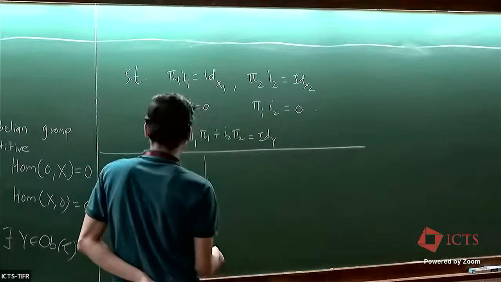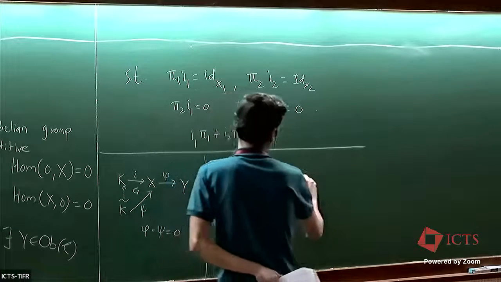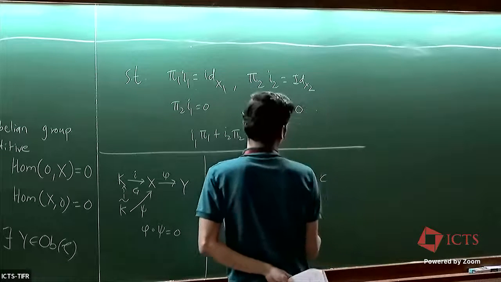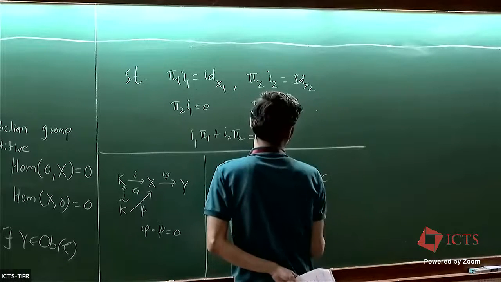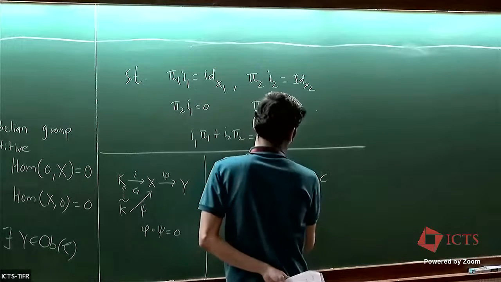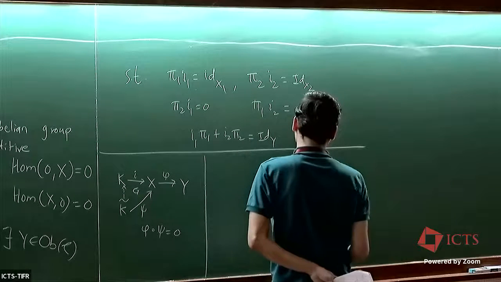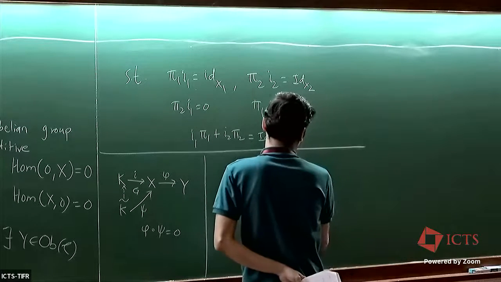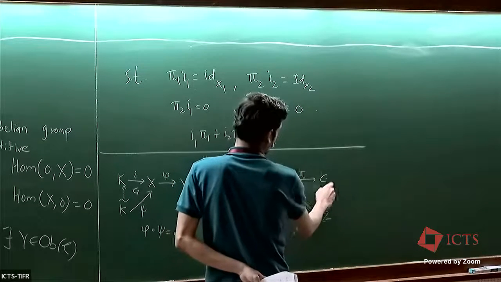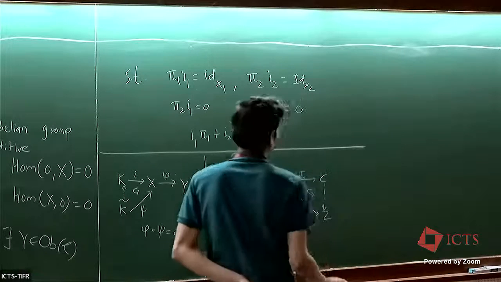And dually we have the notion of cokernel, in which you have a map from X to Y, then C with a map pi is said to be the cokernel if for every map from Y to some object Z such that the composition is 0, there should exist a lift from the cokernel, making this diagram commutative.